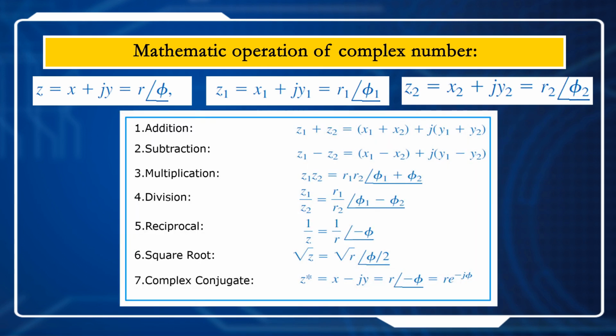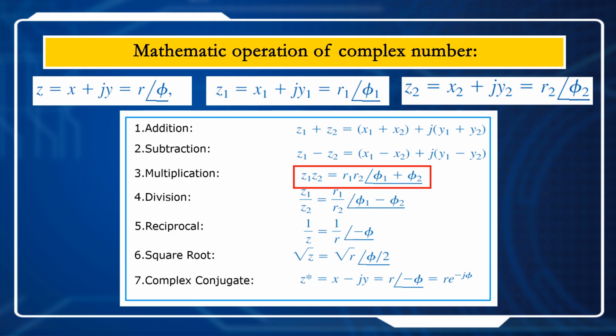We just add the real parts together and add the imaginary parts together. And we can get the multiplication like this. Z1 times Z2 equals R1 multiplied by R2 angle phi 1 plus phi 2. As you can see, we just multiply the moduli together and add the angles together.